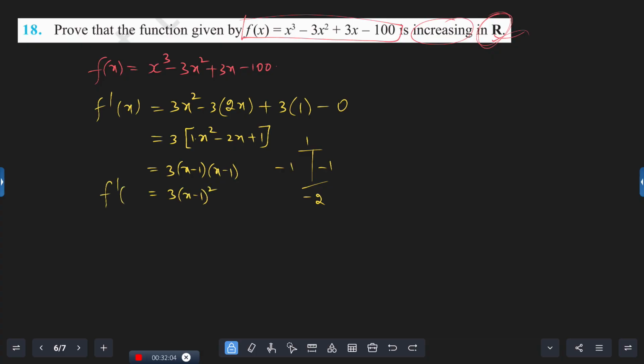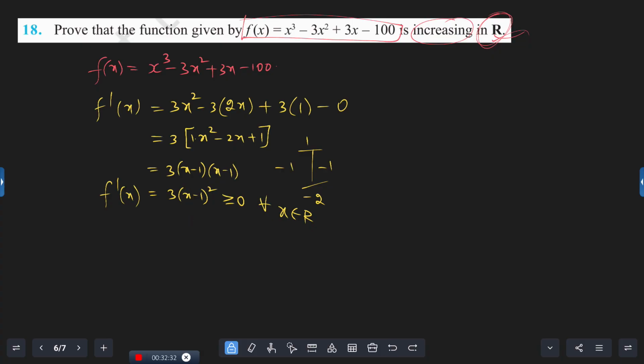Children, listen carefully. When there is a square, whatever value you give for x, you will get positive, except 1. If you give 1, you will get 0. So which is greater than or equal to 0 for all x belonging to the real numbers. When you give x value 1, you will get 0. That is why I gave the equal symbol here. Understand?